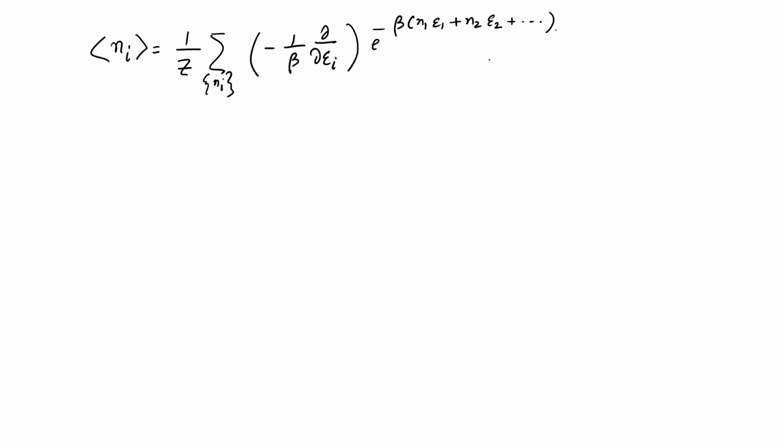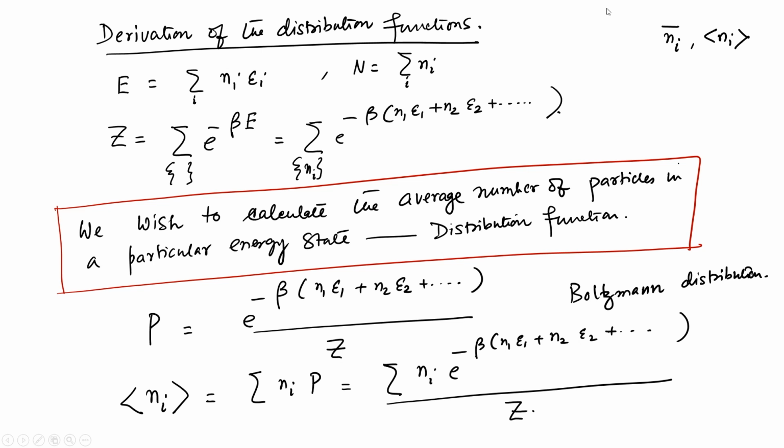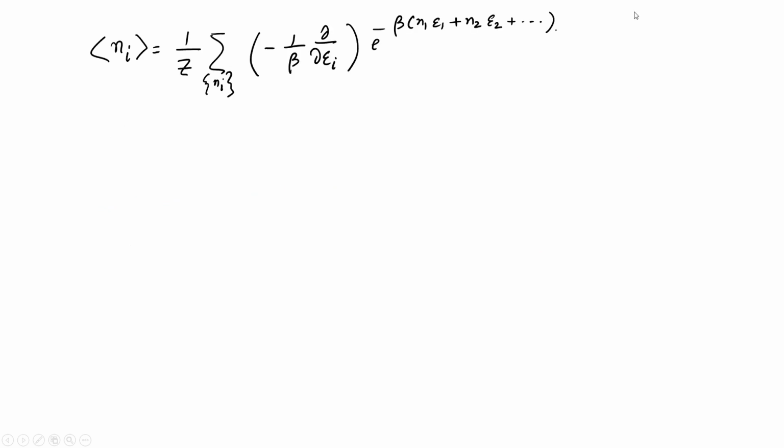So the Ni comes out, and that is the expression that you see in the last line of this slide. All right. So, this is equal to minus 1 over beta z times del z by del epsilon I.